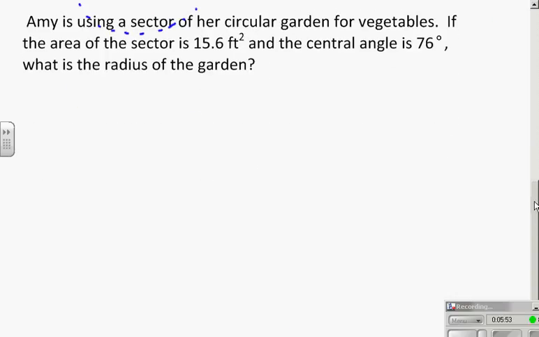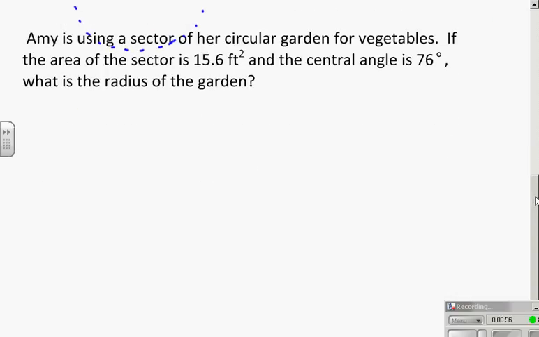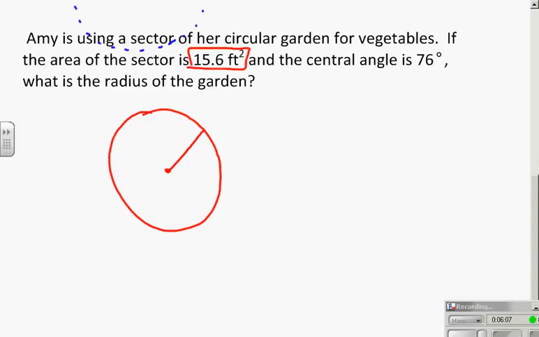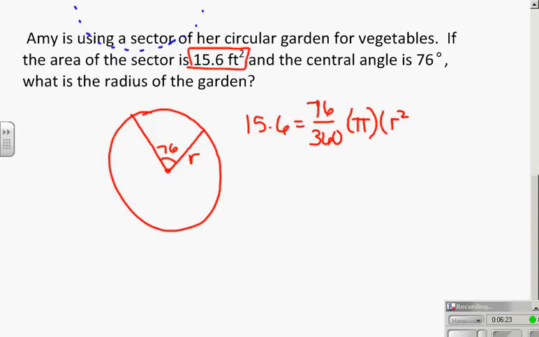Now another practical application type problem. Amy is using a sector of her circular garden for vegetables. If the area of the sector is 15.5 and the central angle is 76, what is the radius? So this is a case where I go to my formula, I put in what I know, and what I don't know is radius squared.